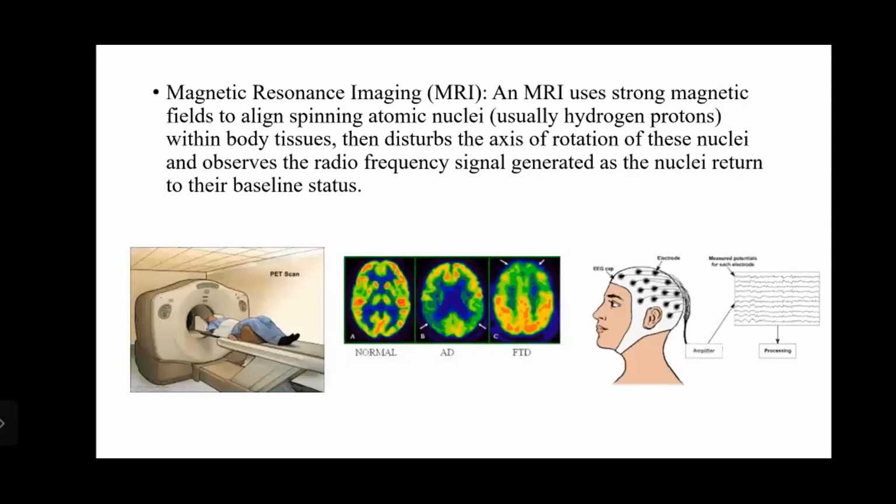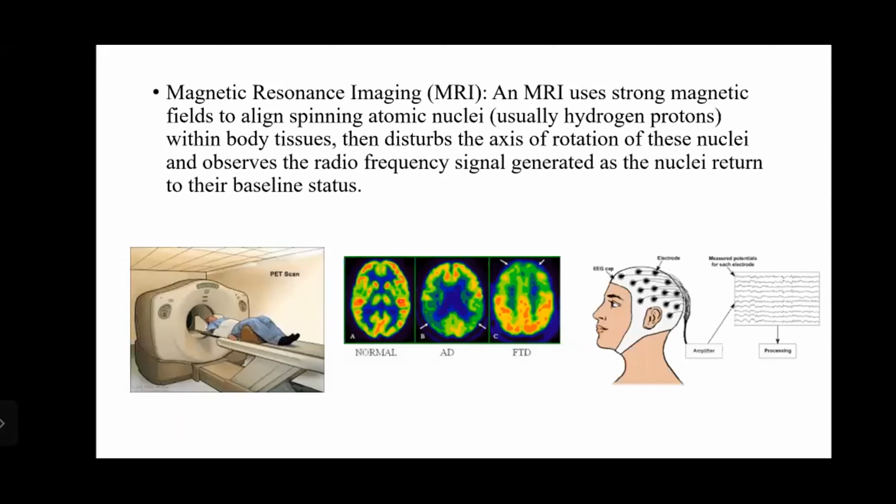And lastly, we may use the MRI, which is magnetic resonance imaging, whereby it uses strong magnetic fields to align spinning atomic nuclei within the body tissues.